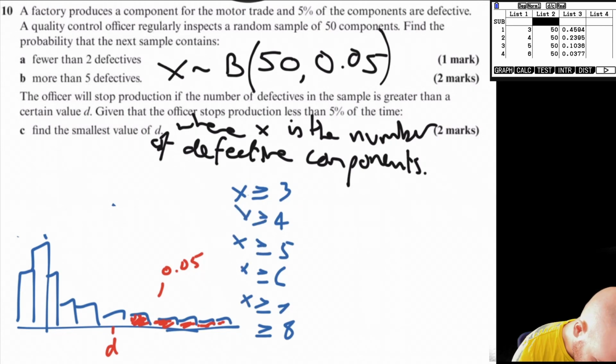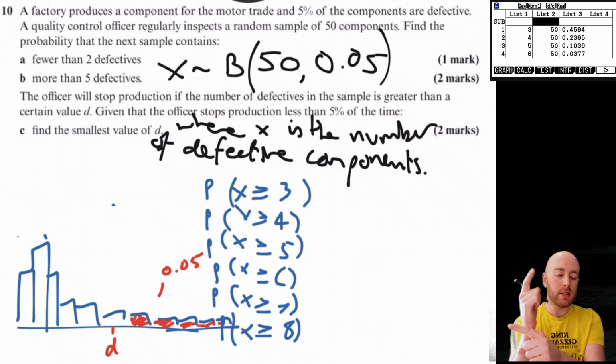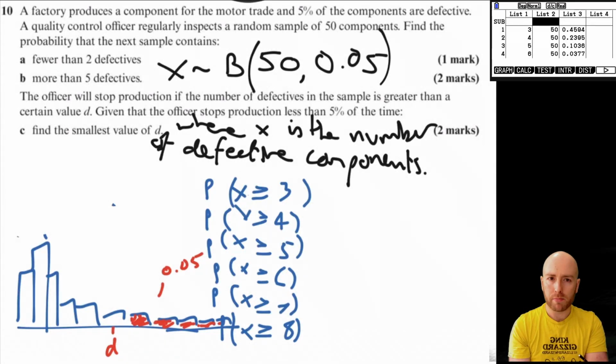You don't have to write all these down. I'm just doing so I can show you guys what's going on. So if you did this on the ClassWiz calculator, you want to do 1 minus less than or equal to the one lower than it, and write all of those down.